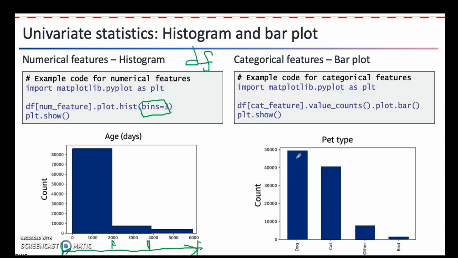So similarly, in analogy, for the categorical variable that's displayed on the right hand side, you can see the horizontal axis lists all the categories. In this case, maybe this shouldn't be pet type, but rather pet category, or pet class, or pet group, or simply just pet.